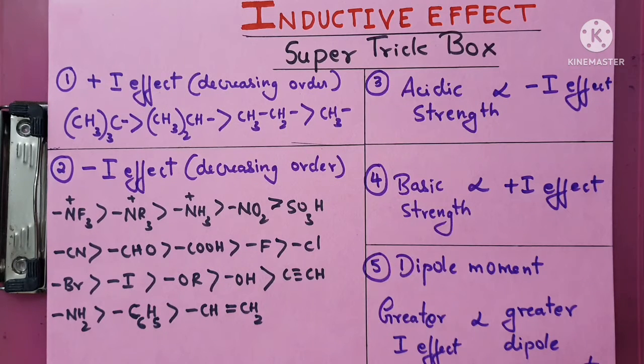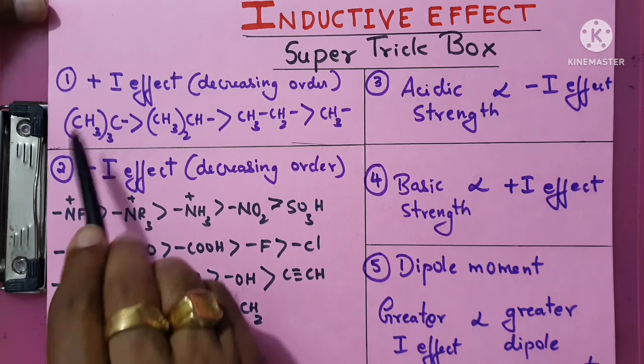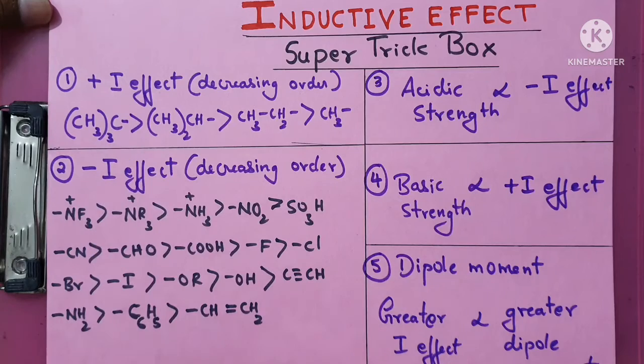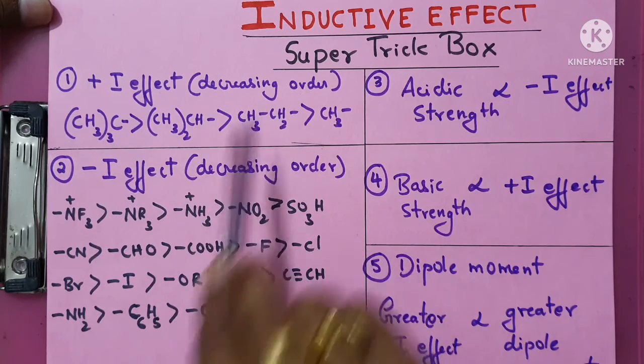Let me explain this trick box, a super trick box of the inductive effect. If you observe here, first I have given you the list of the +I effect in decreasing order.